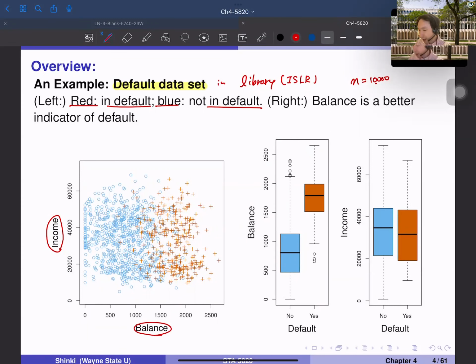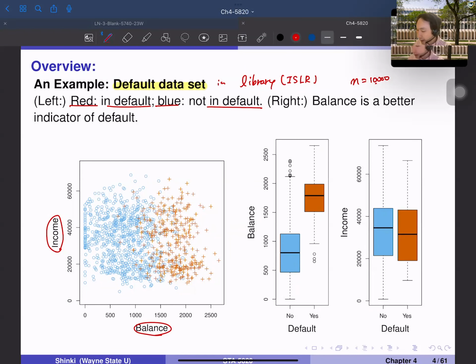This default status may be collected 1 year later than the other data variables. I'm not exactly sure about the specification, but we want to see what kind of customers will be in default in the next certain time period.